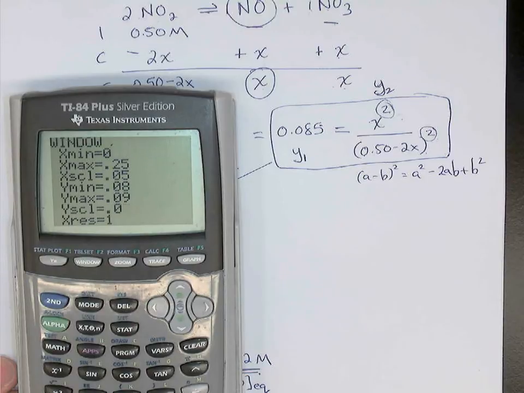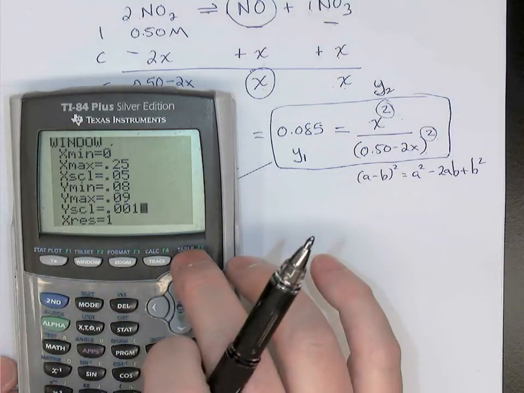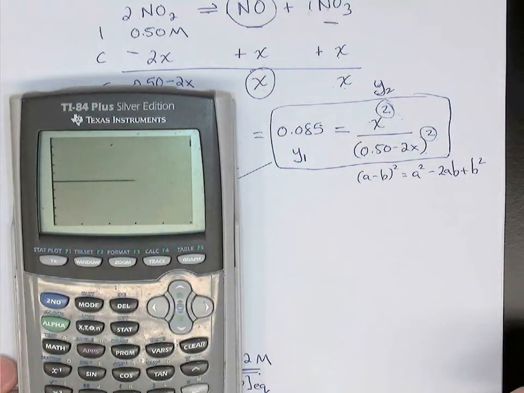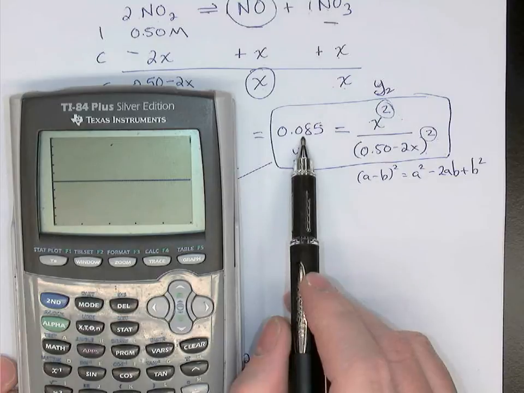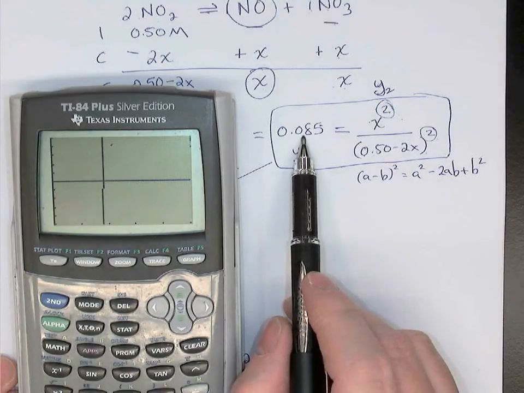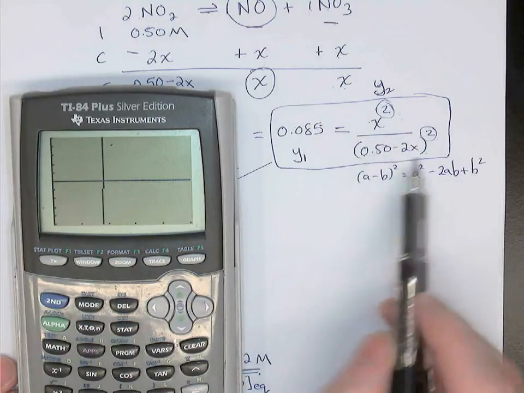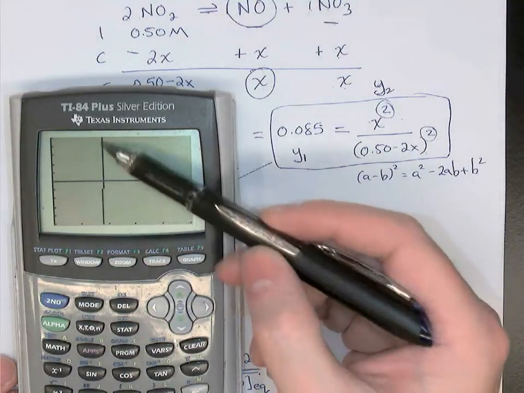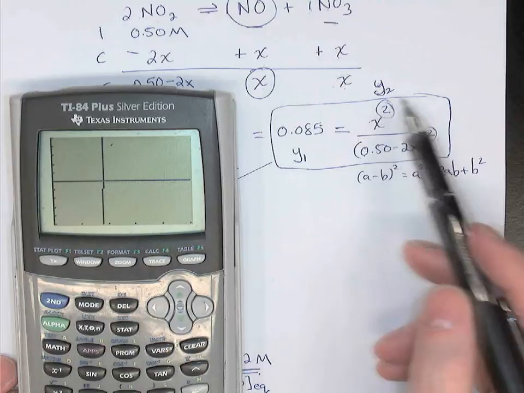So it'll be 10 little tick marks in between. I think that makes sense. If I graph now, there's the horizontal line, which is y equals 0.085, and now the graph should also show me this, and just a piece of it, and here it is here. This vertical line is where the right-hand graph equals the horizontal line.